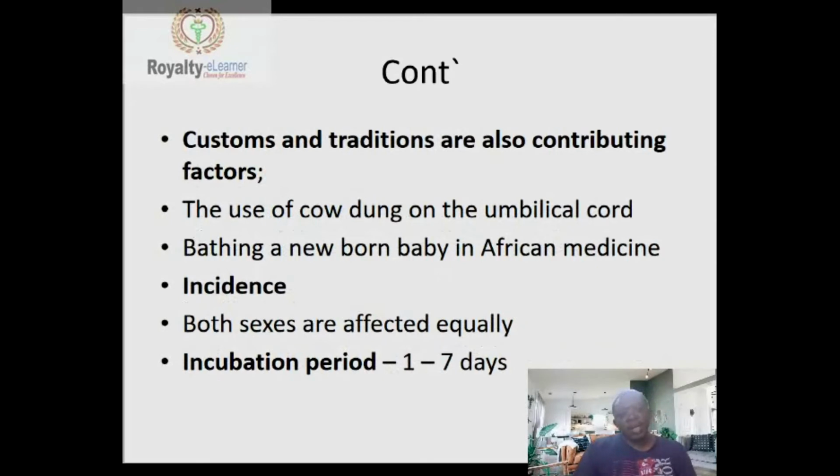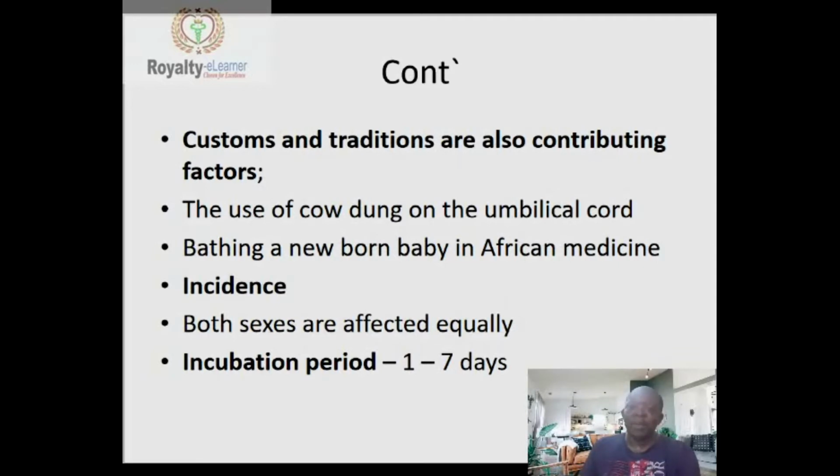Okay, so now let's look at the customs and traditions that are also contributing to tetanus neonatorum. The use of cow dung on the umbilical cord may introduce the bacteria to the site, and hence the baby may die of neonatal tetanus.